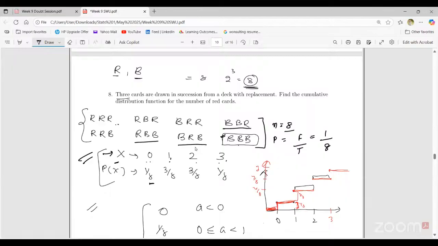Similarly for X equals 1, favorable outcomes are 3, total number of outcomes is 8, so probability will be 3 by 8. For 2, 3 by 8. For 3, 1 by 8. Now the PMF is clear, right? The question is clear now?